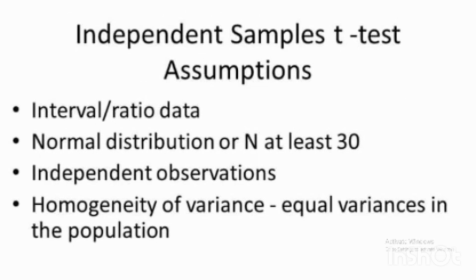Here, the independent sample t-test assumptions are interval or ratio data, normal distribution or n at least 30, independent observations. Next is homogeneity of variance, equal variance in the population.